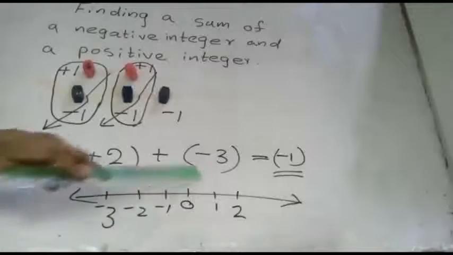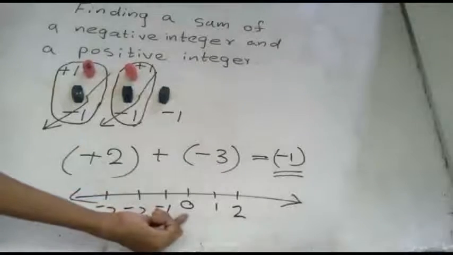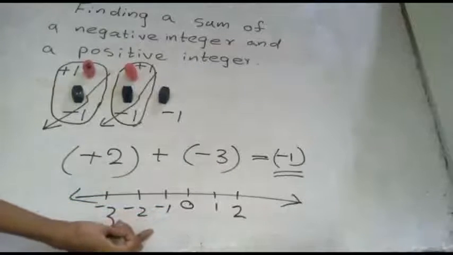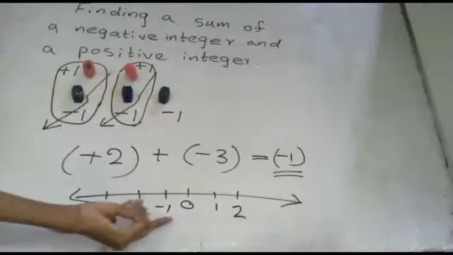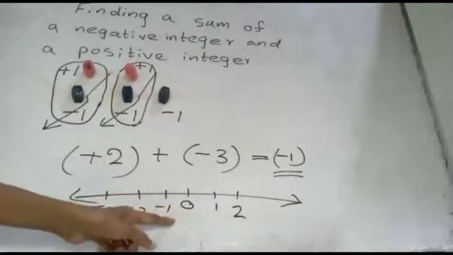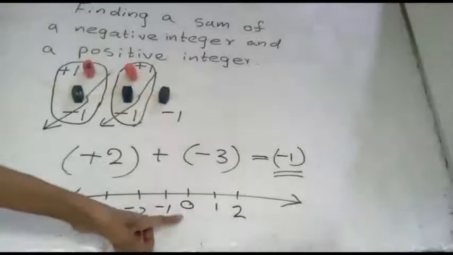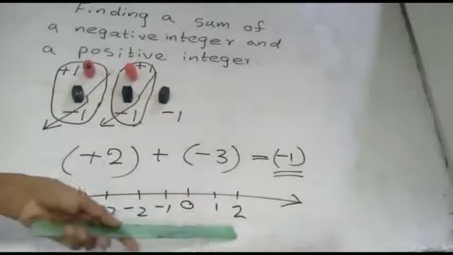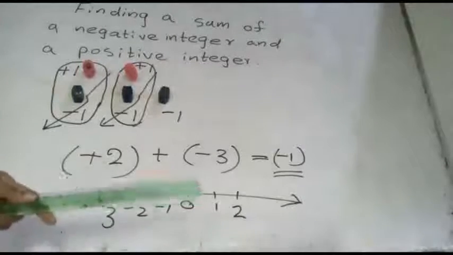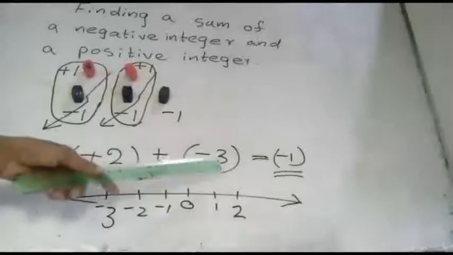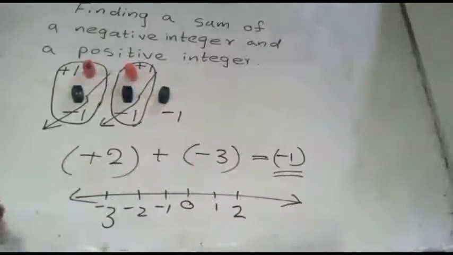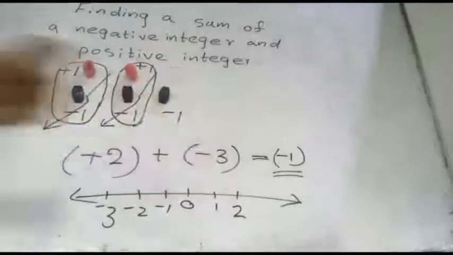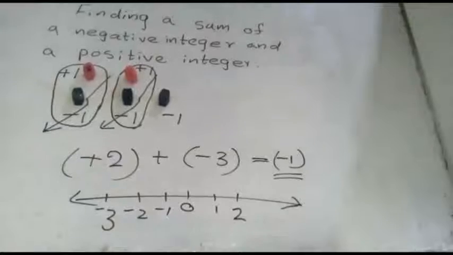Negative 3 lies 3 places from 0. Positive 2 lies 2 places from 0. Now 2 is subtracted from 3 and we put the negative sign on the answer.